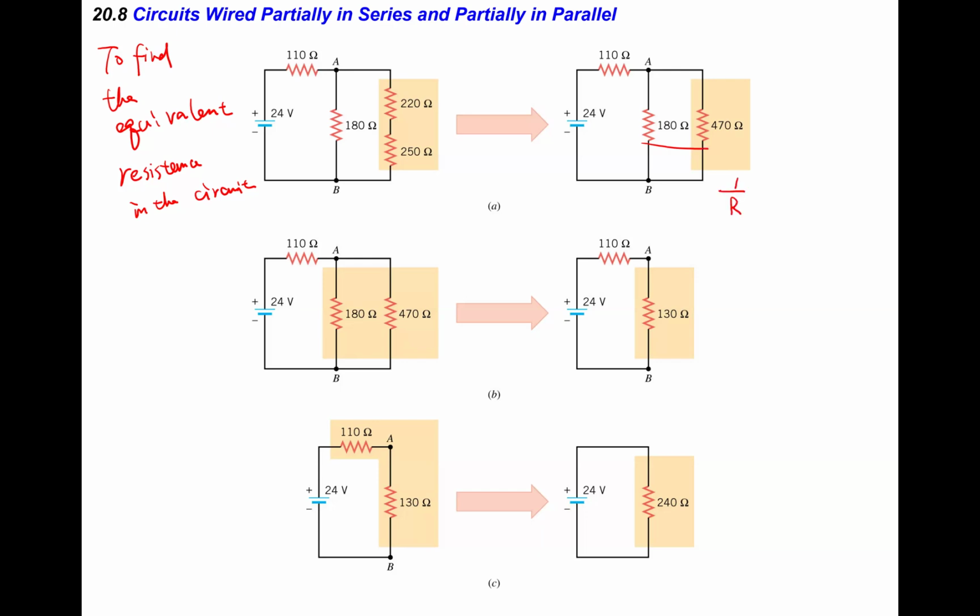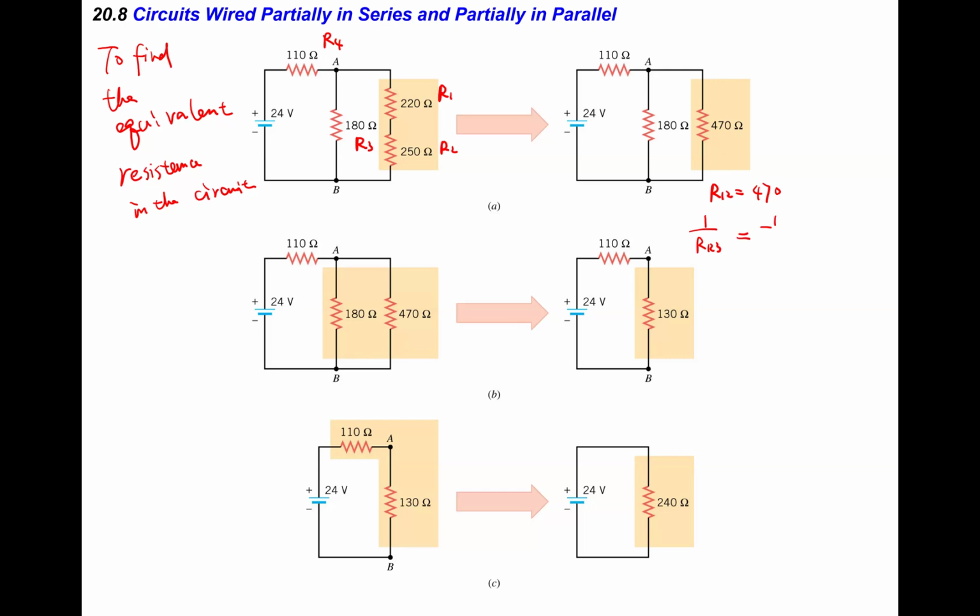If you have something like this in your homework or your exam, you can label this R1, R2, R3, and R4. So R1,2 together, these two together, is 470. After that, you should get R1,2,3 because you want these three together.